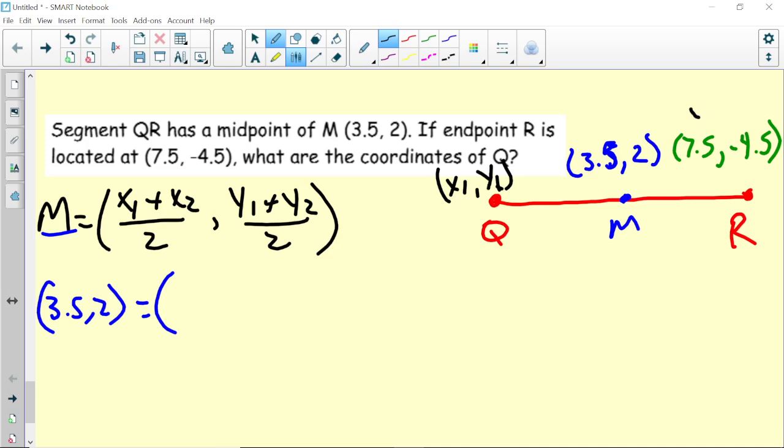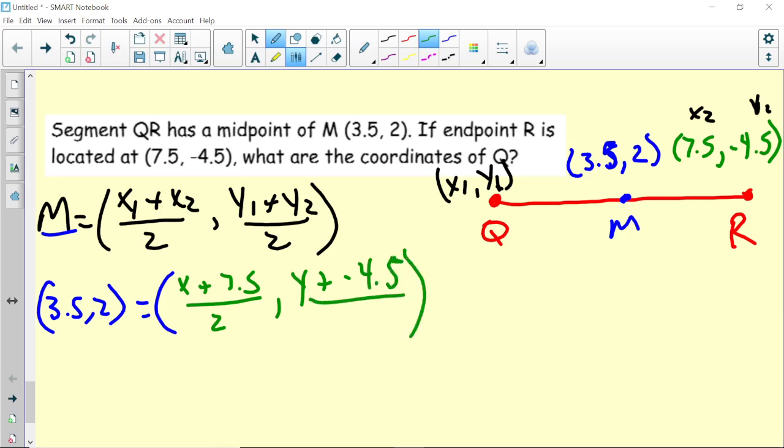And R is my x2, y2. So I'm going to be plugging those in where they go. So I've got x1, I don't know, I'm going to say it's x plus x2, that's 7.5, all over 2, comma, y plus negative 4.5 all over 2.